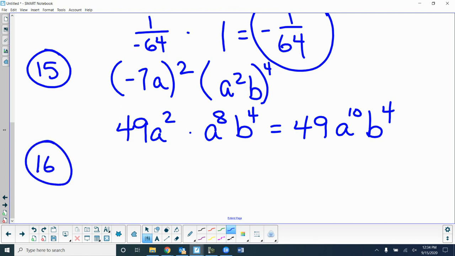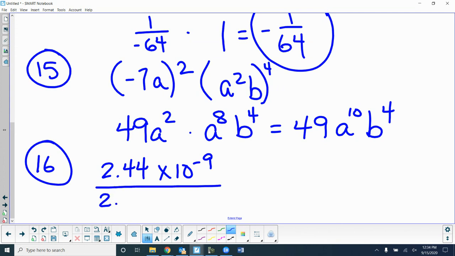Making sense? Okay. Now, for 16 with scientific notation, it's okay to have a negative exponent in your answer. That's the only time, when you've got scientific notation.